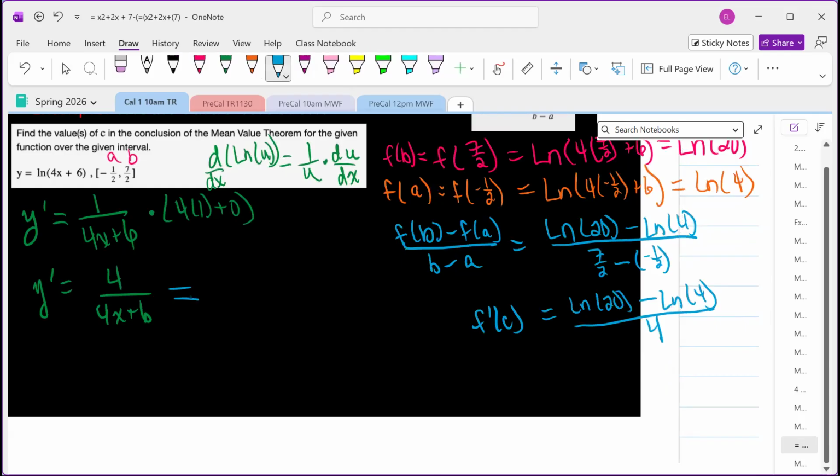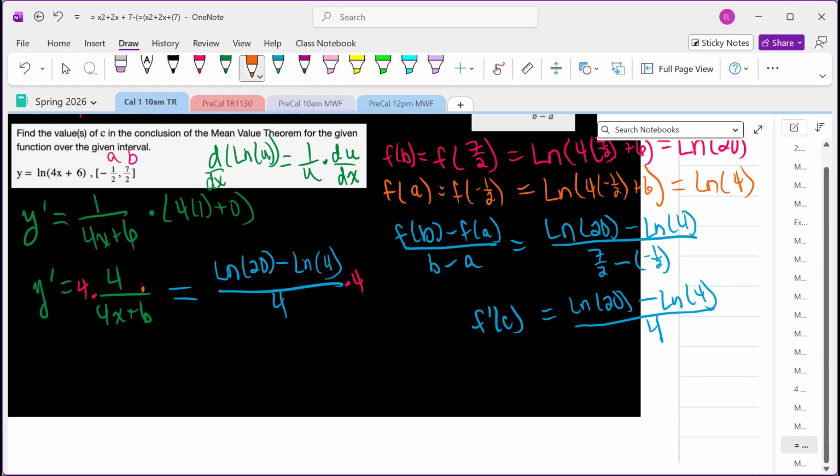I'm going to set this equal to that horrible mess over there. All right, so we have a fraction equal to a fraction. So I'm going to multiply both sides by 4.